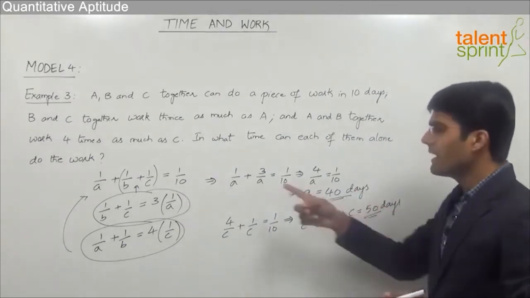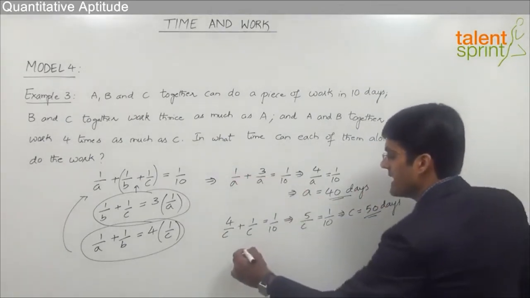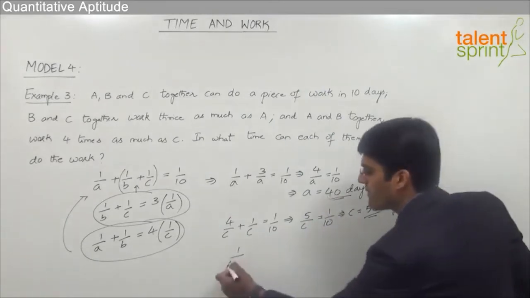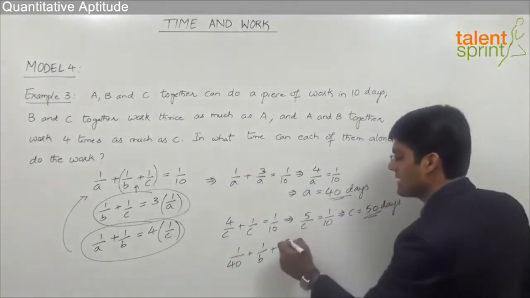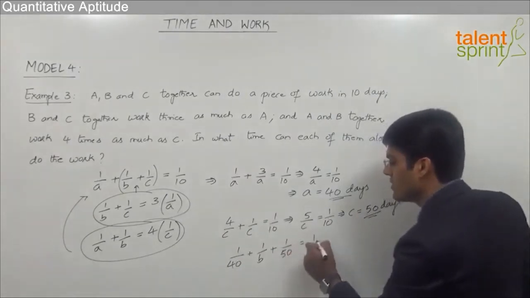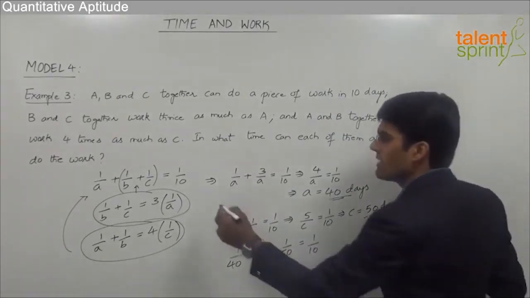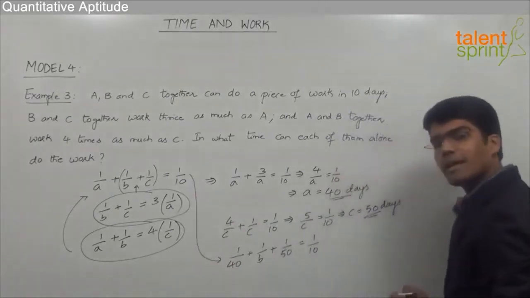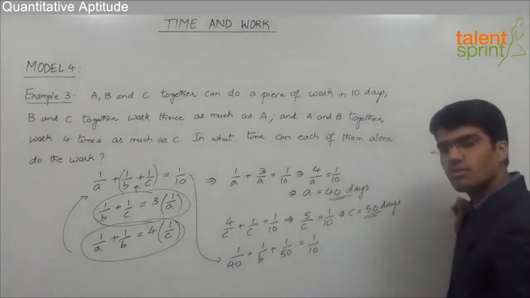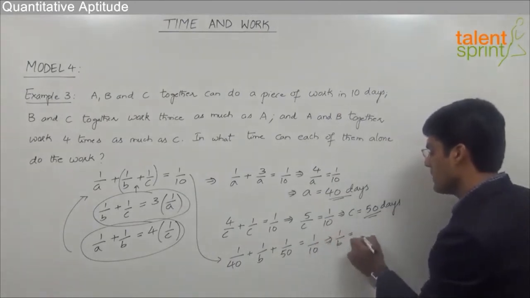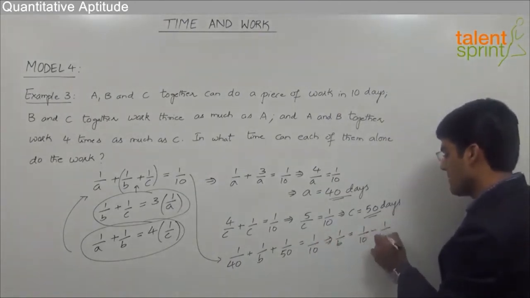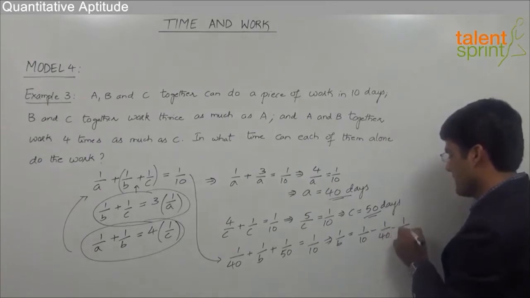Let us substitute these values in the first equation. So we can say that 1/A, that is nothing but 1/40, plus 1/B plus 1/C, that is nothing but 1/50, should be equal to 1/10. If you observe, we are using the equation 1/A + 1/B + 1/C equals 1/10. And from this we can say 1/B should be equal to 1/10 minus 1/40 minus 1/50.